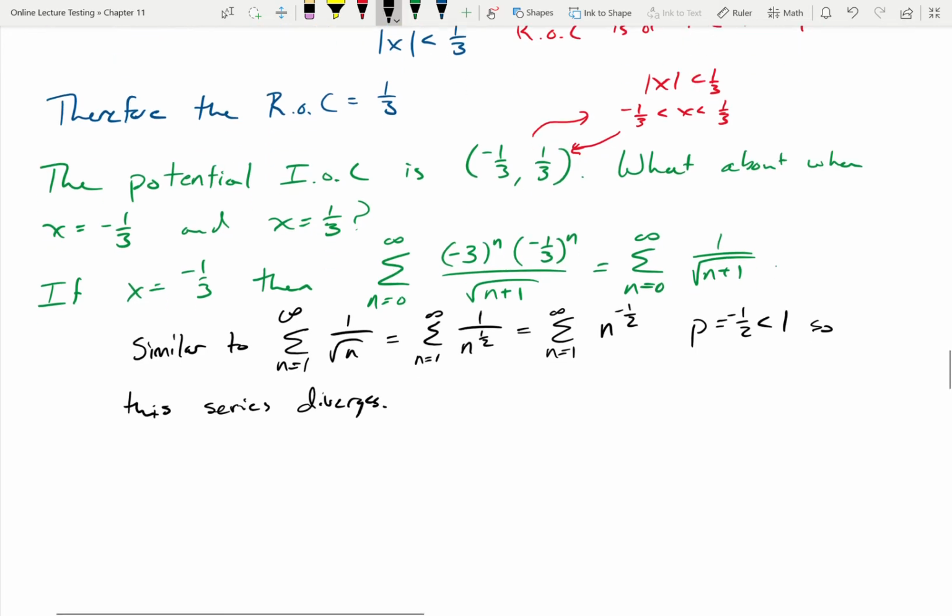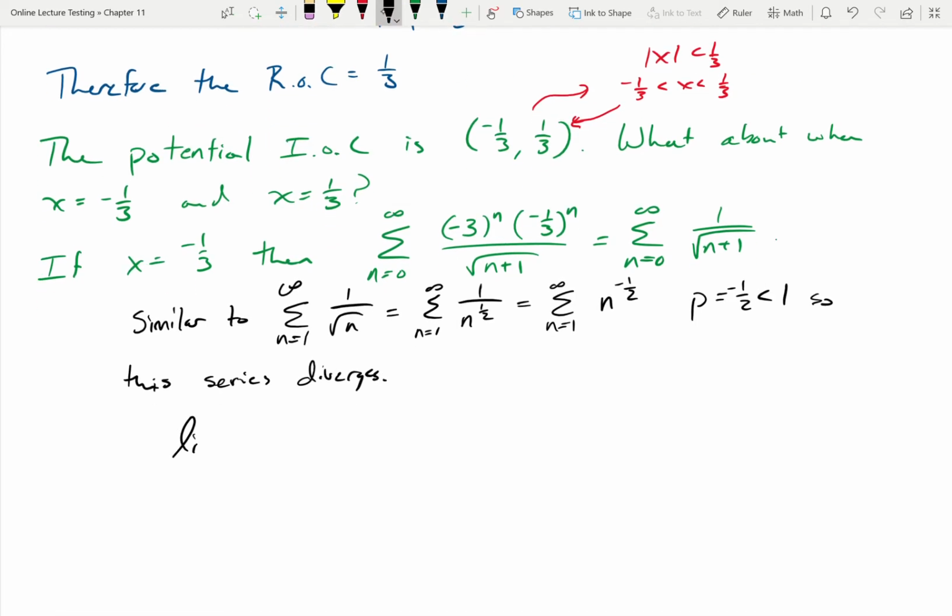I'm going to use the limit comparison test to test if the other one diverges or not. As n approaches infinity, of 1 over the square root of n plus 1 times the reciprocal of this guy, which is the square root of n over 1. So it's the limit as n approaches infinity of the square root of n over the square root of n plus 1, which we know is going to equal 1.